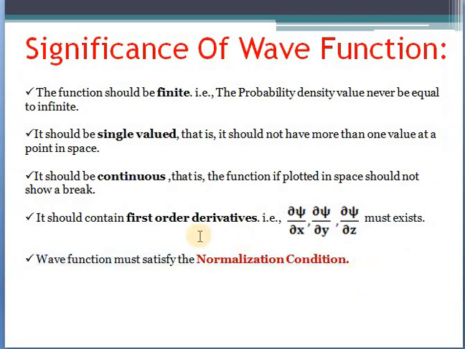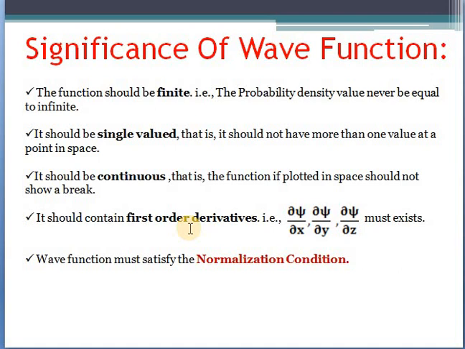Okay, so I repeat once again. You have a quantum mechanical system and you assume that there exists a particle within it. If you want to know the behavior of the particle within that system, then mathematically you have to identify how the particle is behaving.